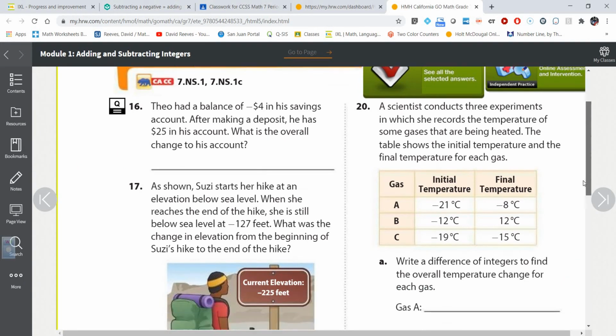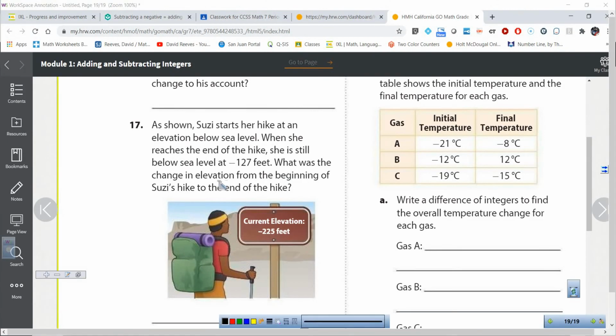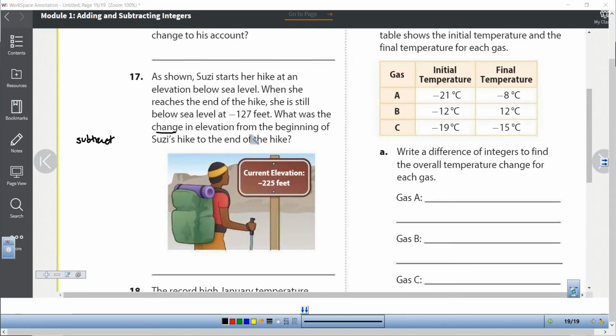All right, what about this next one? As shown, Susie starts her hike at an elevation below sea level. When she reaches the end of the hike, she is still below sea level at negative 127 feet. What was the change in elevation? All right, so again, the change tells us we're going to subtract, okay? So where did she start and where did she end?